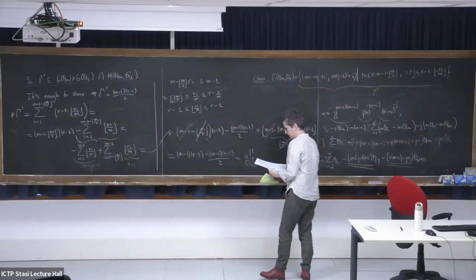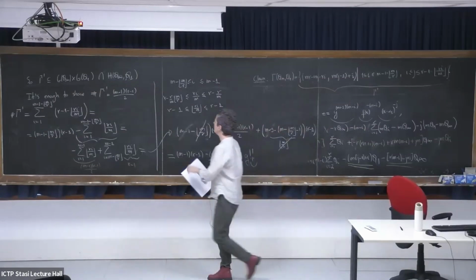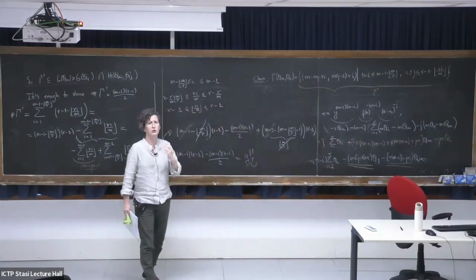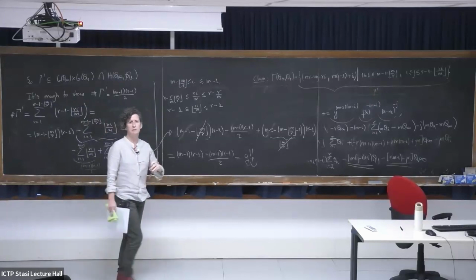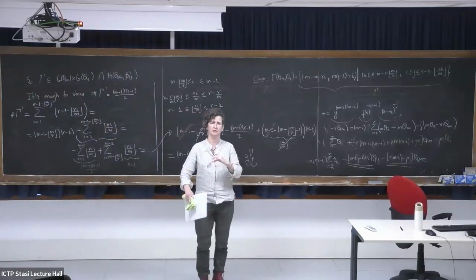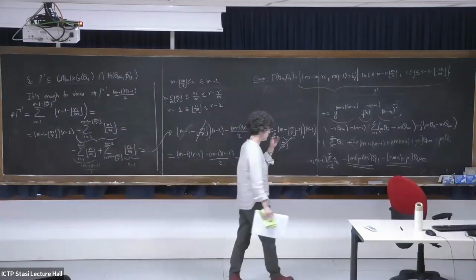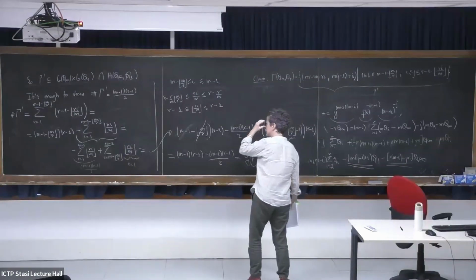So this is an example. And now I will move on to pure gaps. Okay? So pure gaps can be used to improve the minimum distance of certain codes. So let's start this part.